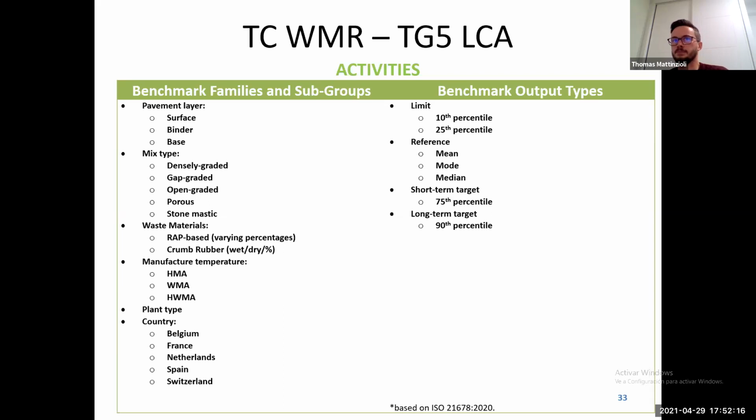Obviously, pavement layer. Waste materials, so comparing the conventional to a wrap-based mixture or one with crumb rubber. Manufacturing temperature, plant type, so is it fuel oil or natural gas, or is it a batch plant, for example, and the country. So from the mixtures provided, we can also provide a reference value for the country, obviously a geographical variable there.